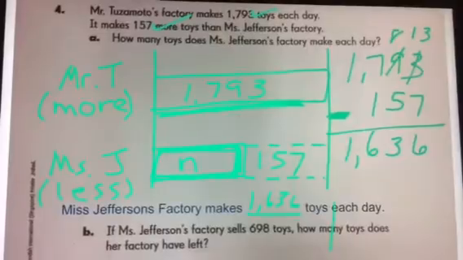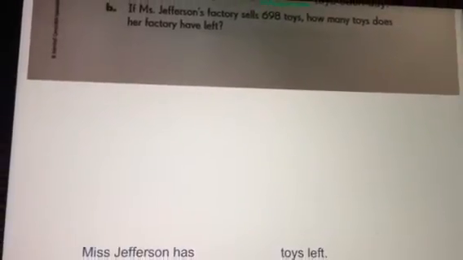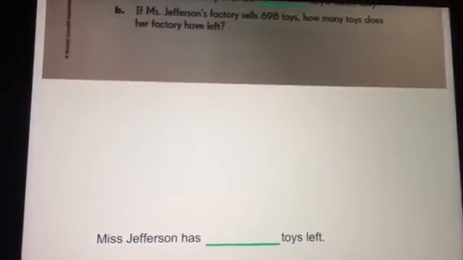Now let's move on to part B. And it says this. If Miss Jefferson's factory sells 698 toys, how many toys does her factory have left? So the answer statement will be Miss Jefferson has blank toys left.